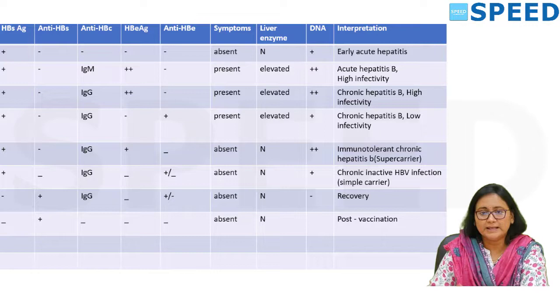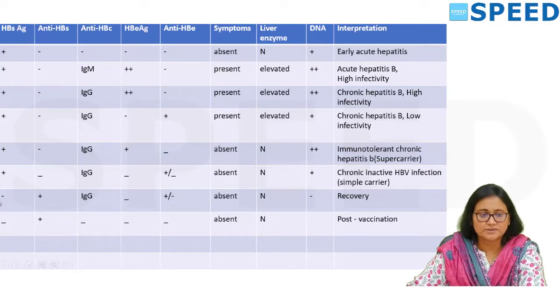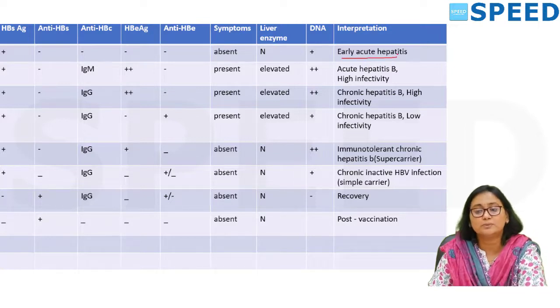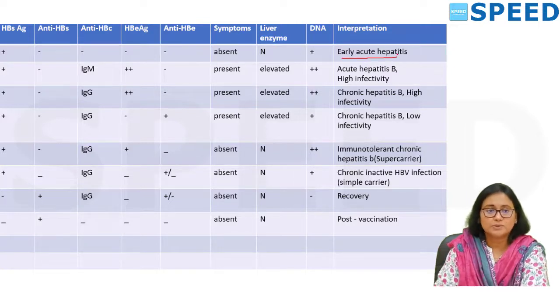This table will help you in solving different questions. So, how we interpret different conditions, like if it is early acute hepatitis, what you expect to be positive. Hepatitis B surface antigen will be positive here and DNA will be present.